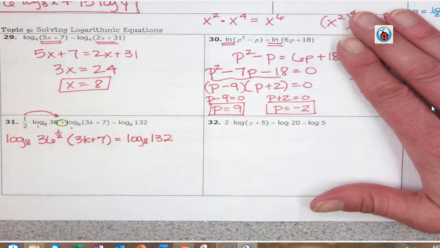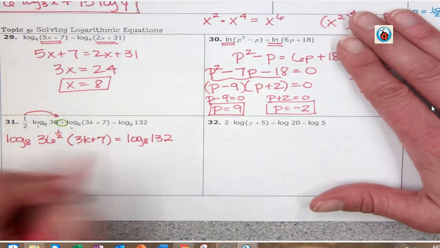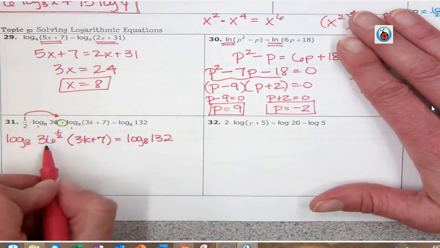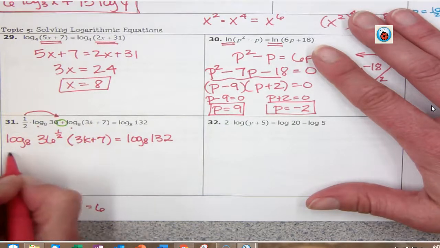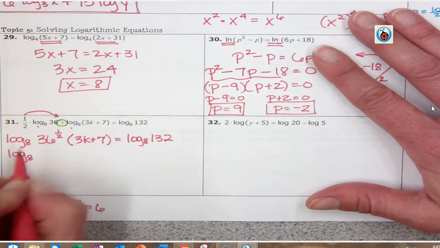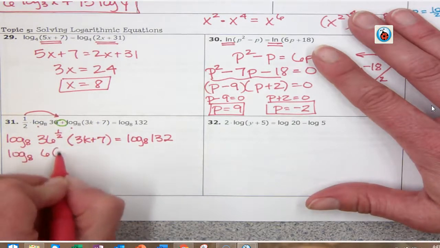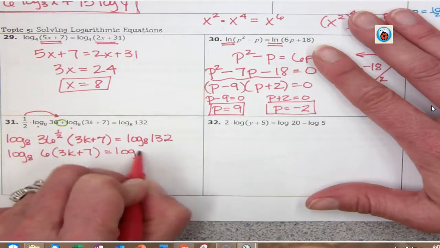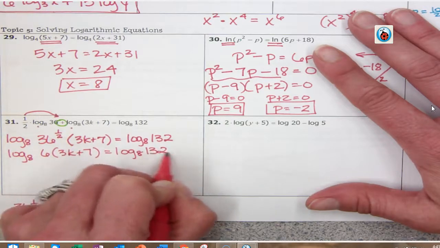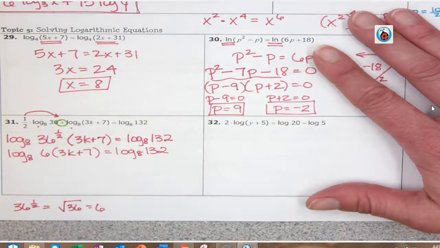You cannot get rid of that log too quickly. I know that 36 to the 1/2 power is the same thing as the square root of 36, which is 6. So I get log base 8 of 6 times 3k plus 7 equals log base 8 of 132.